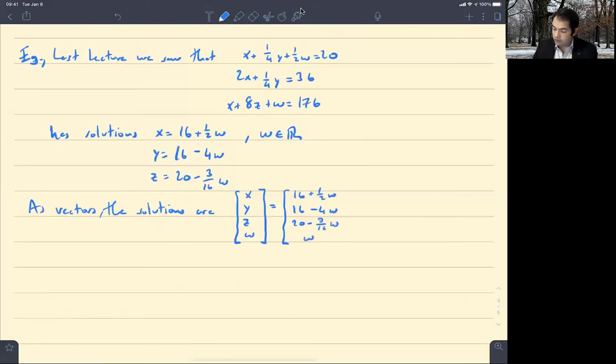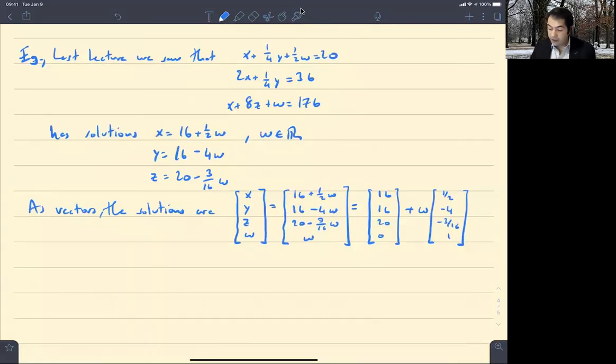And finally, w is just w. So now I can pull out the constants into a single vector. So 16, 16, 20, 0. And then the multiples of w, I'll pull out w and end up with 1/2, minus 4, minus 3/16, 1.